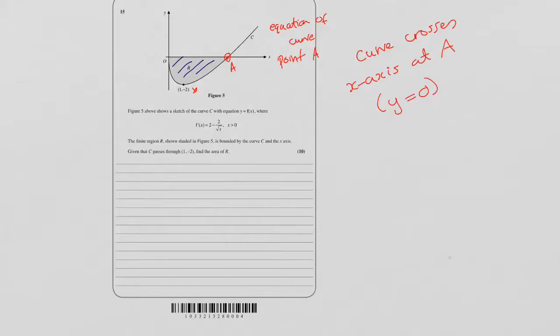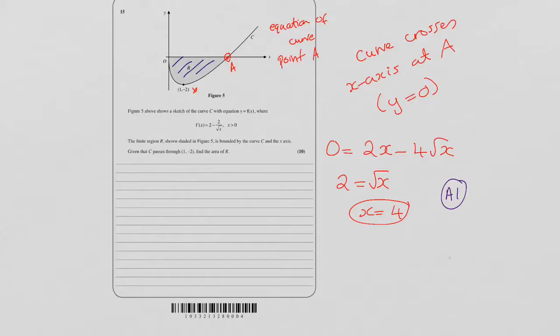So we've just worked out the equation of the curve, and a little bit of rearranging from here. I'm not going to do all the steps, but I end up with x equals 4, x equals 0. Well, clearly x equals 0 is going to be the starting limit. So at point A we've got 4. Brilliant. So marks available here. There's an accuracy mark there for working out that point.